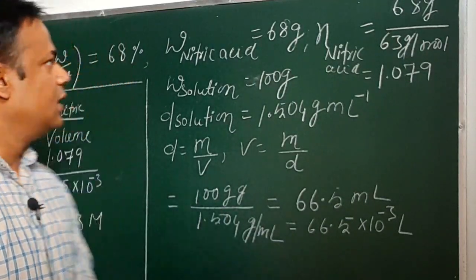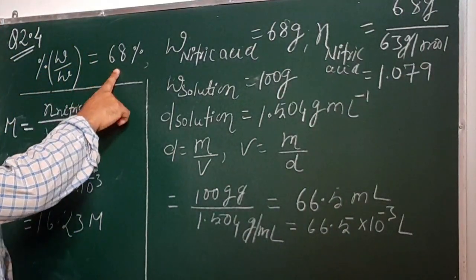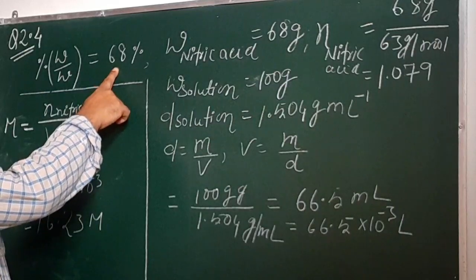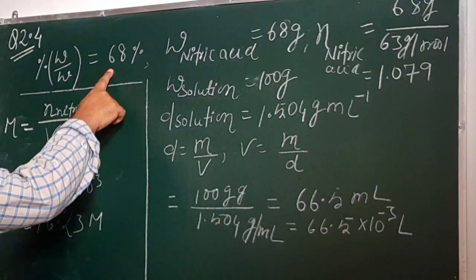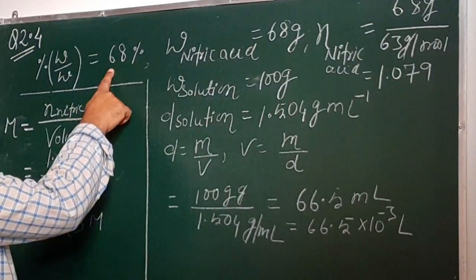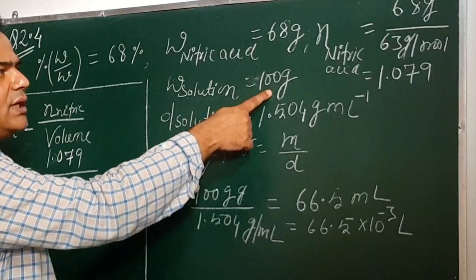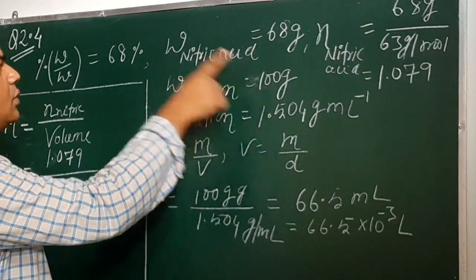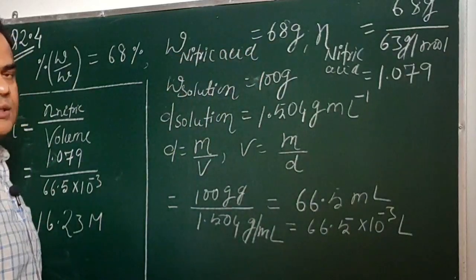So let's start. First, percentage mass by mass is given, that is 68%. What is the meaning of 68% mass by mass? If you see the previous lecture, it means that 68 gram nitric acid is present in 100 gram solution. So if we take 100 gram solution, then we will have 68 gram nitric acid.